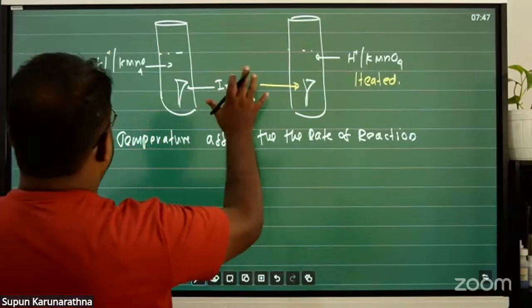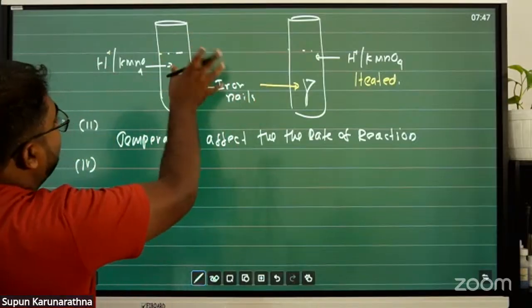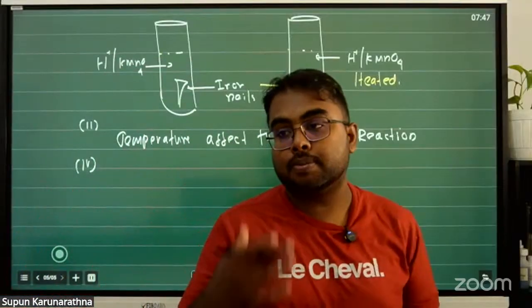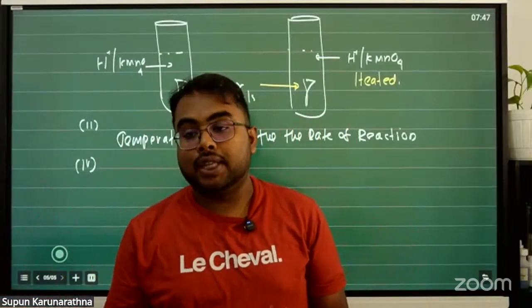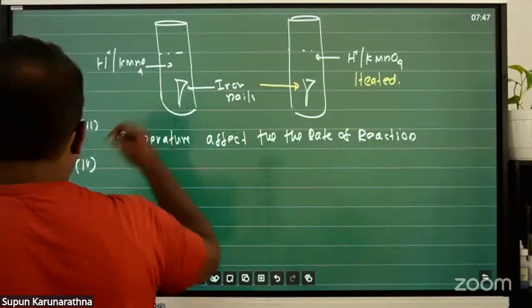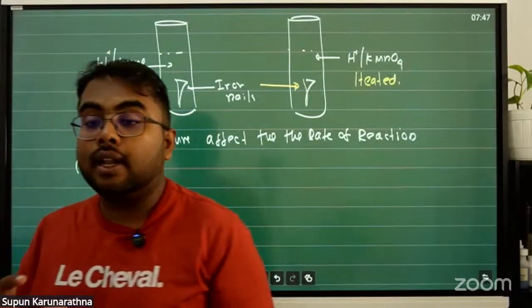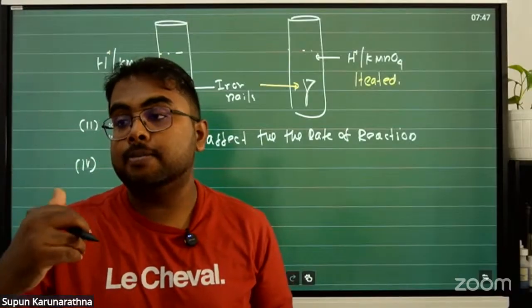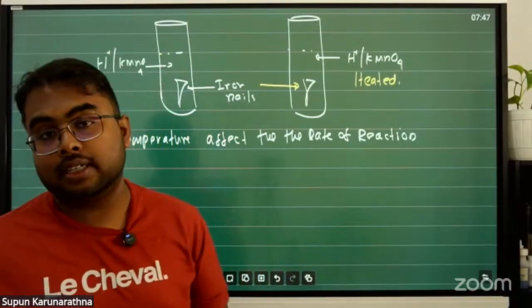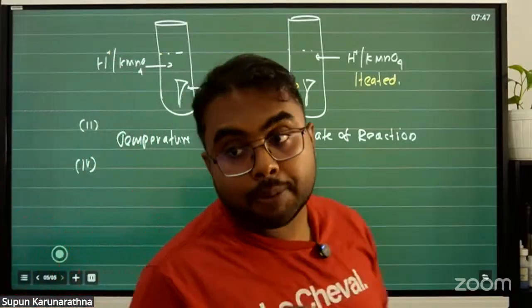The observation of this activity is, when we put acidified potassium permanganate with the clean iron nails, the color of the acidified potassium permanganate is decolorized. Potassium permanganate is a purple color, no?